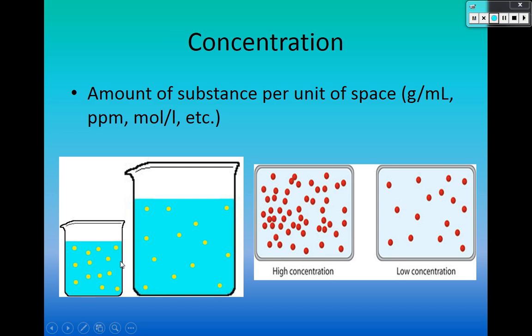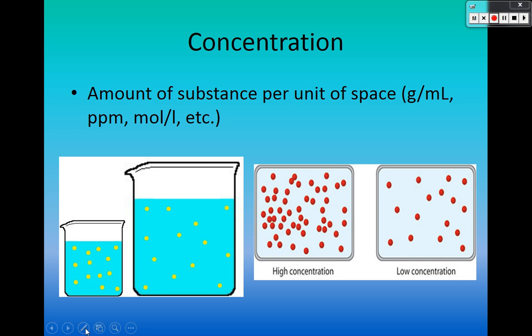In this example here, you actually have the same number of particles of stuff, these yellow particles, whatever they are. If you count them up, there's the same number in this beaker as in this beaker. But in this beaker, there's a much larger total volume. So if you look at the amount of substance per unit of space, you have less.